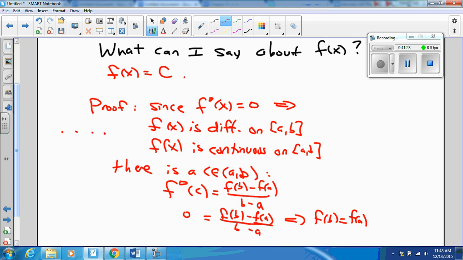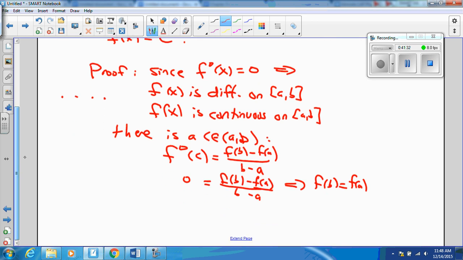But what if I take any 2 points, let's say C and D, on the inside? Same argument. Let's make them D and E, in between a and b.